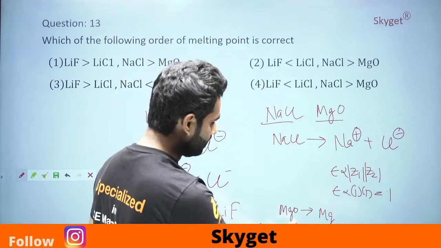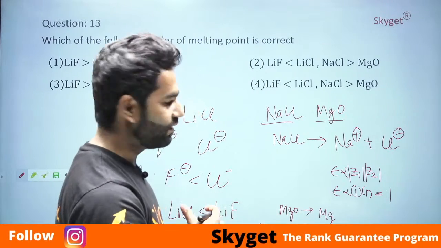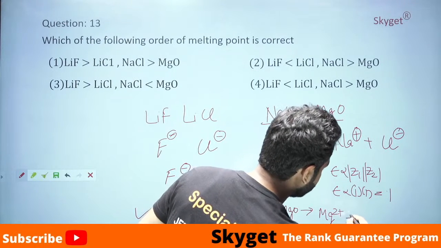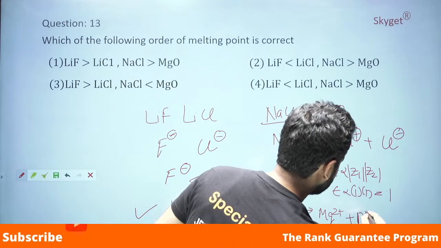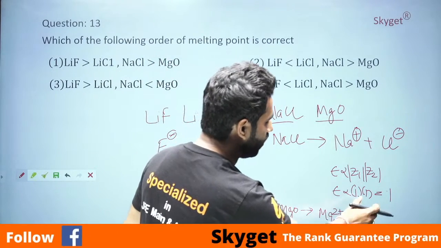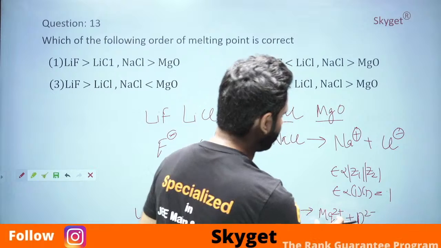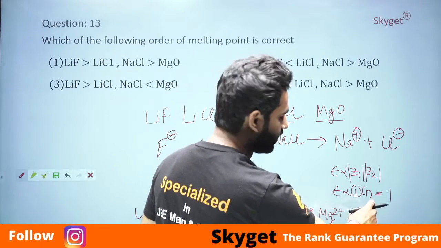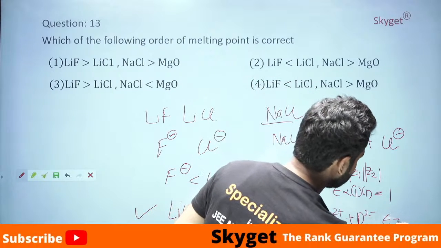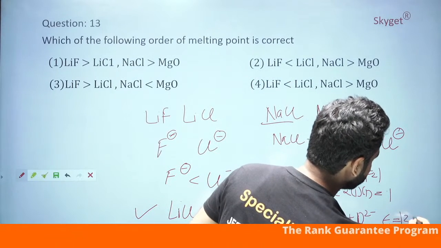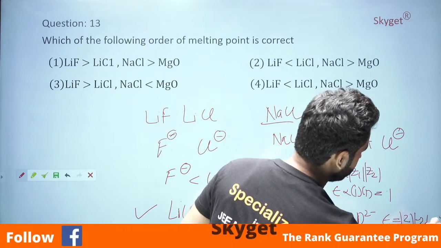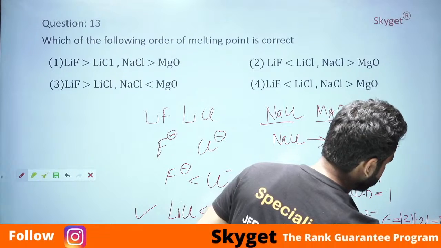when we dissociate this ionic compound into its gaseous anion and cation, we get Mg2 positive plus O2 negative. Here the charge on Mg is 2 positive, on oxygen it is 2 negative. It's a magnesium ion, and this is the oxide ion. In the case of MgO, lattice energy E is proportional to modulus of 2 into modulus of minus 2, which is a factor of 4.